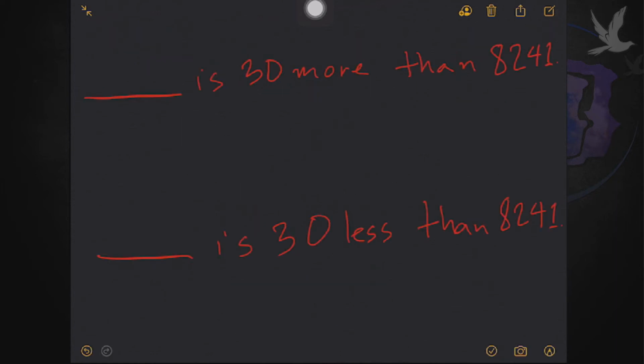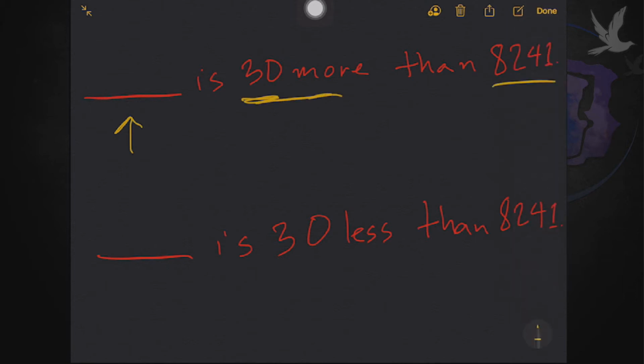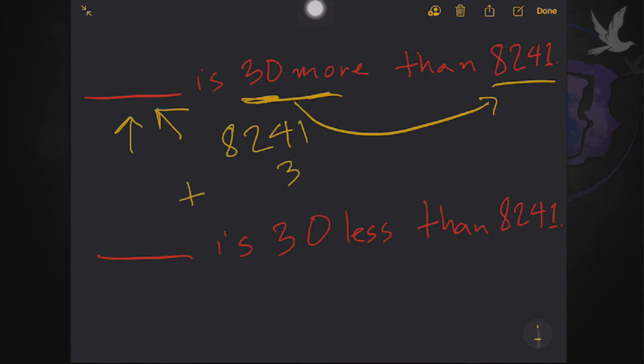Okay, continuing the activity, we now have a different approach of the sentence. We now have blank is 30 more than 8,241. Okay, so it says here that this number here is 30 more than this one, which means to get this number here, all you have to do is just to add 30 to 8,241. So that's 8,241 plus 30.